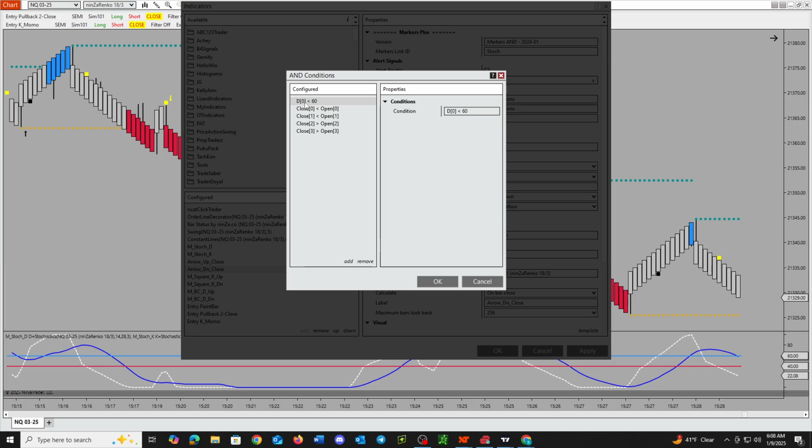I'm going to assume that as long as %D is below 60 and I have this array of opens versus closes, I'm in a bear trend. And like I said, 99% of the time that's accurate. It all plays out like that.